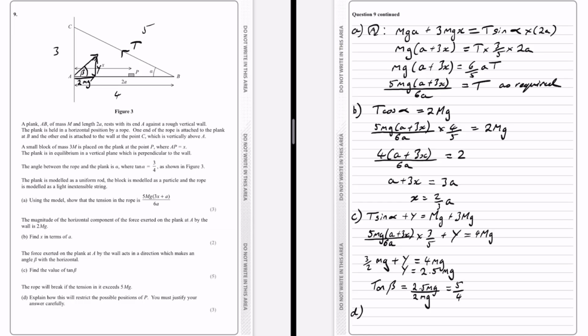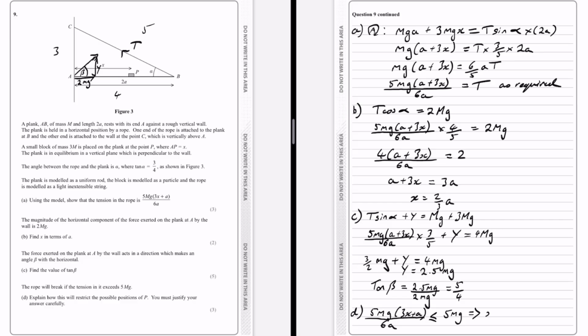For part D, we'll set our expression for the tension, and we'll set it to be less than or equal to 5mg, which is really nice because we can cancel loads of stuff. The 5mg cancels straight away on the left and the right hand side. We can multiply both sides by 6a, subtract a from both sides, we'll get 3x is less than or equal to 5a.